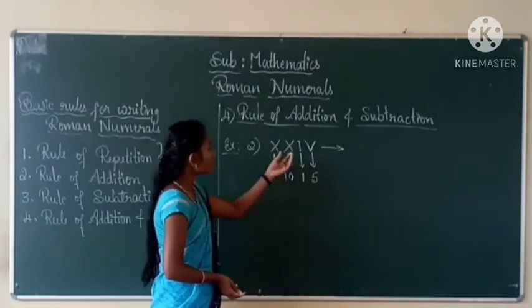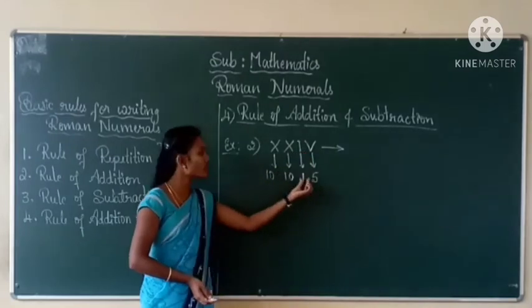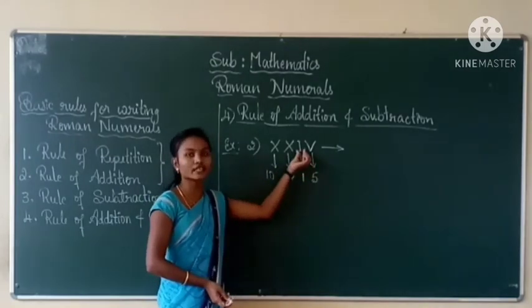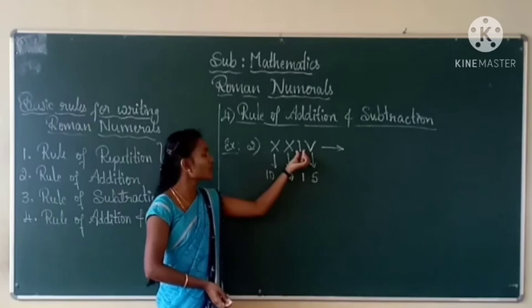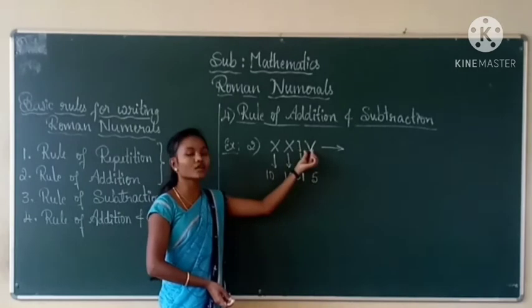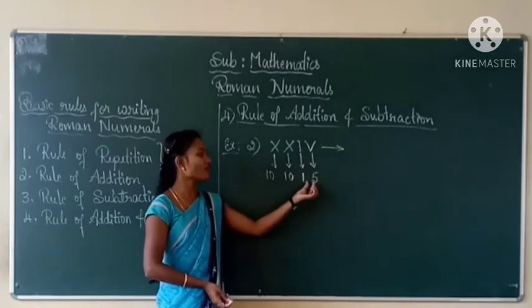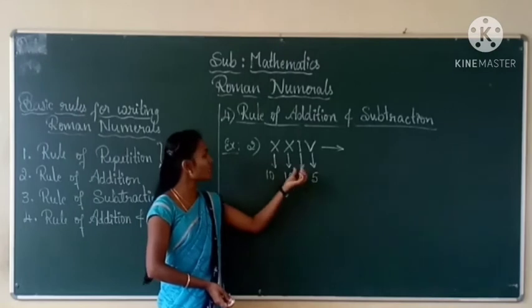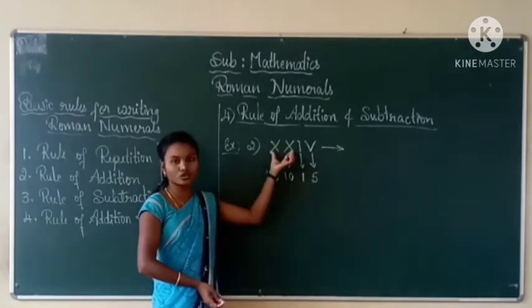So here the smaller numeral is 1. I is the smaller numeral. Therefore, we have to minus this I from V. That is 5 minus 1. So before that, let us write these two numerals.